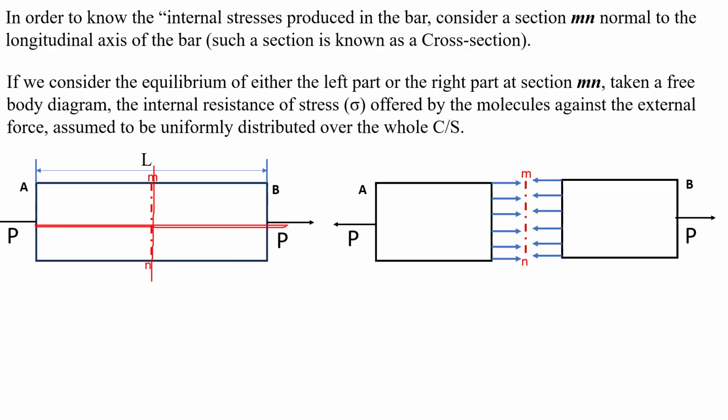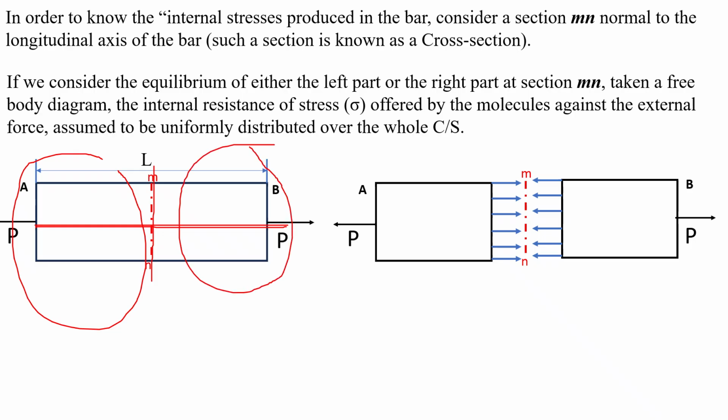If we consider the equilibrium of either the left part or the right part at section MN in the free body diagram, then the internal resistance of stress, that is sigma, offered by the molecules against the external force is assumed to be uniformly distributed over the whole cross-sectional area. We call this the internal resistance of stress.